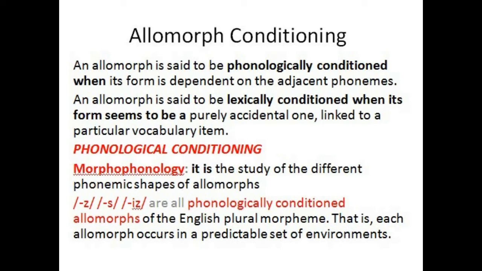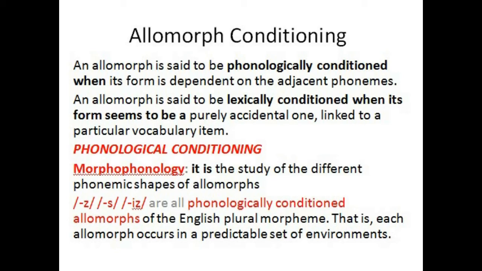environments. It means that we need some examples to make it practical. For example, the sound z occurs after most voiced phonemes, as in dogs, lambs, bees. A voiced phoneme is one in which the vocal cords vibrate, as in b, d, g, v, and vowels. In the case of s, it occurs after most voiceless phonemes, as in cats, giraffes, skunks.